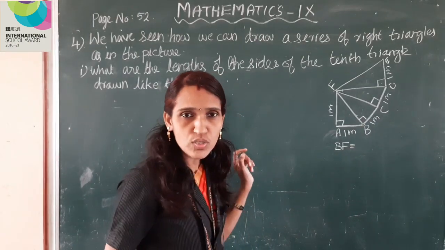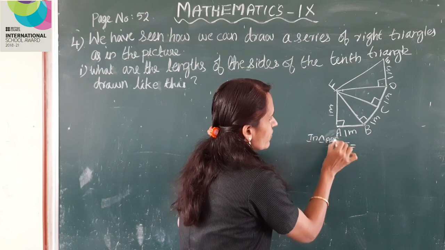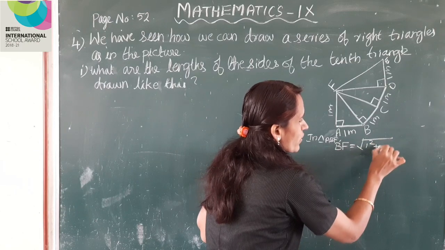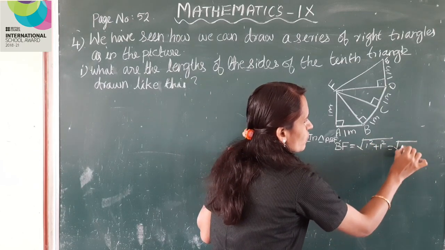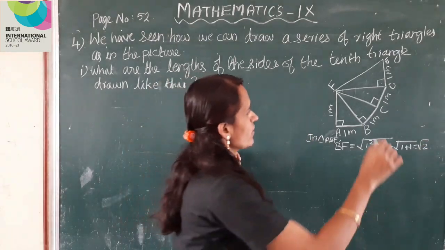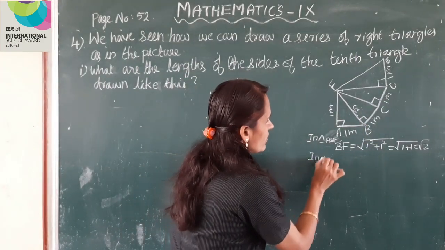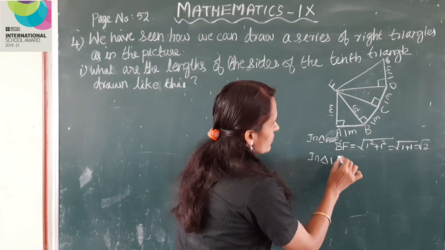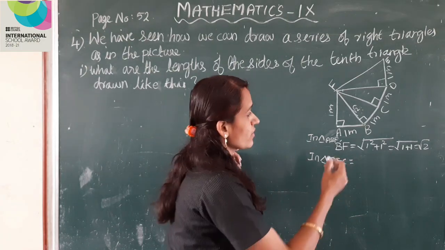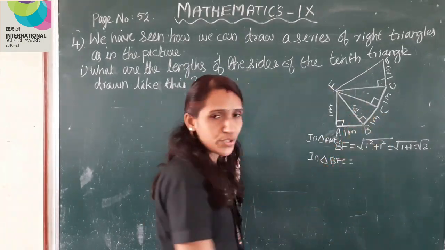Using Pythagoras theorem in triangle ABF, BF is equal to root of base square plus altitude square, 1 plus 1 is equal to root 2. BF is root 2. In triangle BFC, BC is 1 meter, BF is root 2 meter.